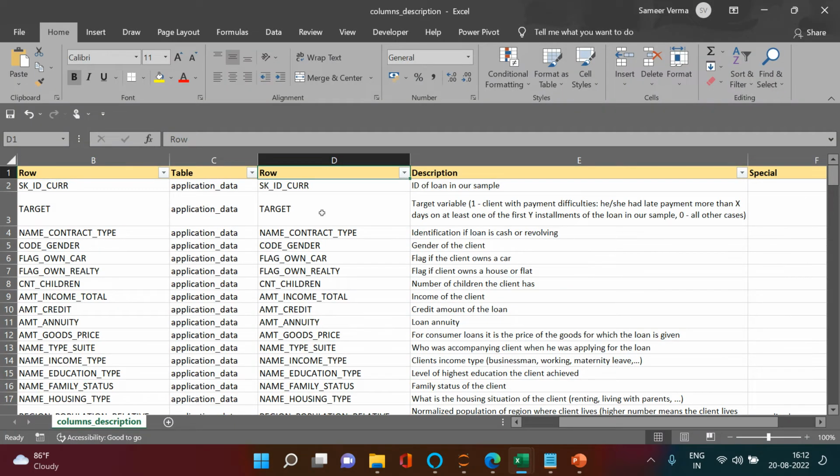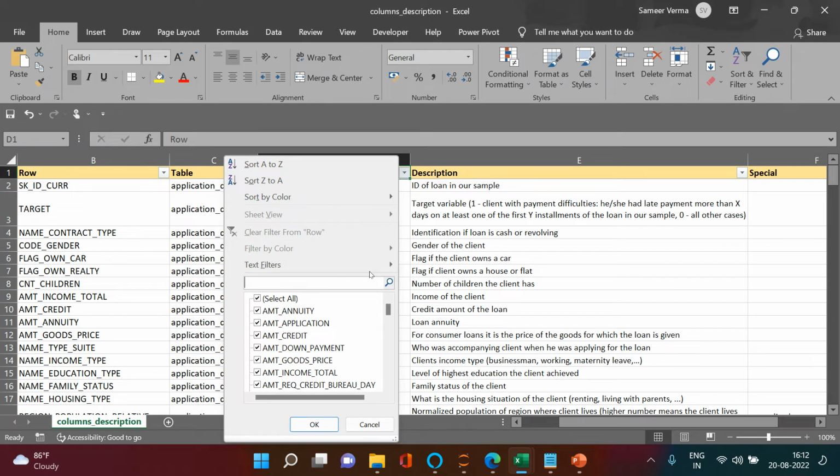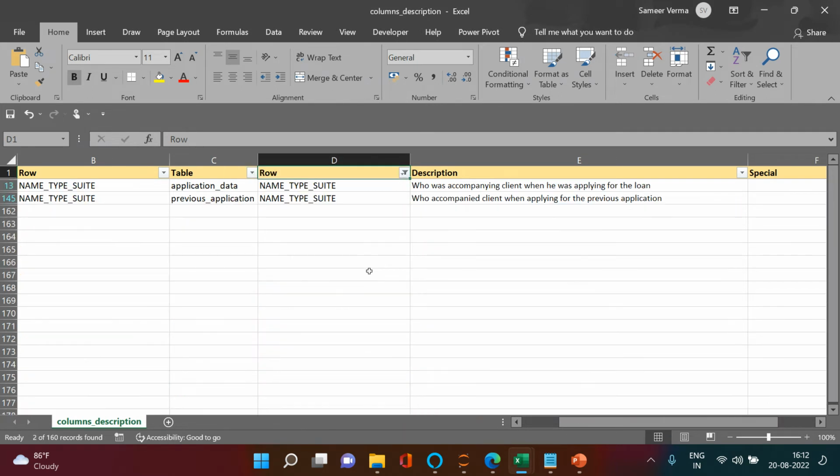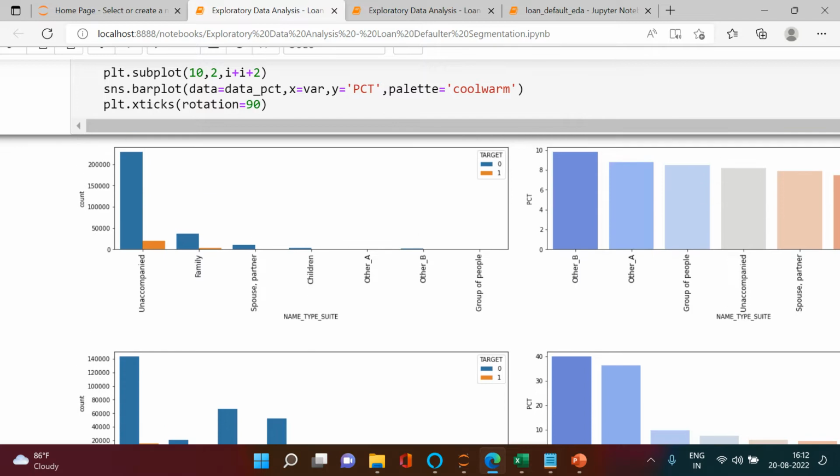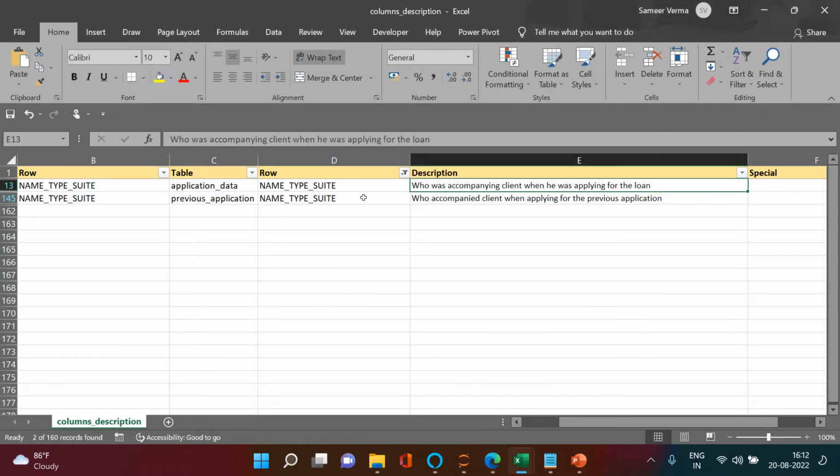Here we have the variables description. Let's see name type suite. It says who was accompanying the client when he was applying for the loan. That means when the customer was applying for the loan, who was with them.